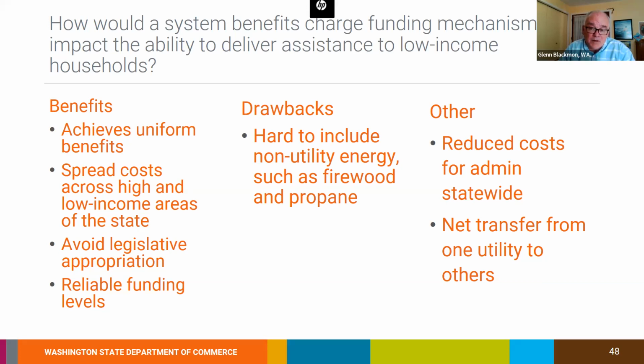If you've got anything to share about how your utility sets a rate on a percentage basis or per kilowatt hour basis to generate money to provide benefits to low-income customers within your own utility base, it'd be great to hear from others on that. If we have time for that, Austin. We have time. All right, let's just see if anybody wants to talk about how their own utility does it.